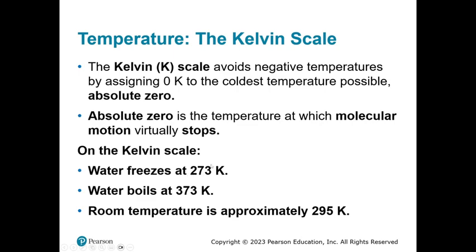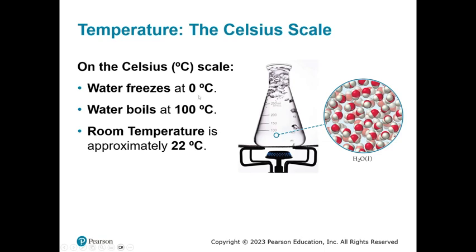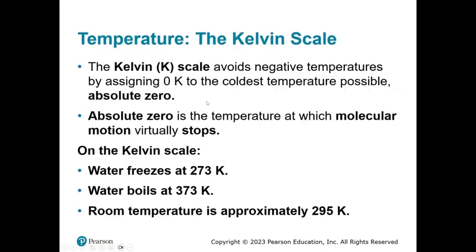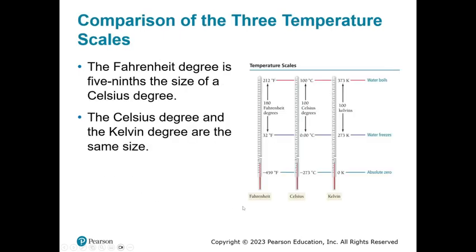So water freezes at this nonsense temperature and boils at this temperature. The more important thing is to remember the Celsius points and know that the difference between Celsius and Kelvin is 273 degrees. So here's a comparison of the temperature scales. Water boils at 212 Fahrenheit, 100 Celsius, or 373 Kelvin.